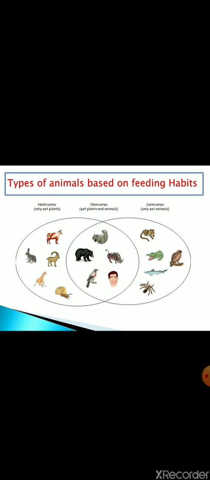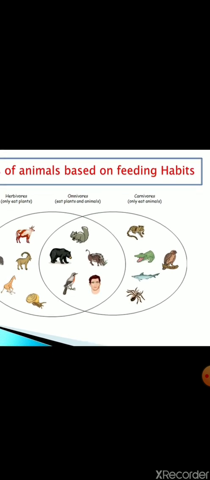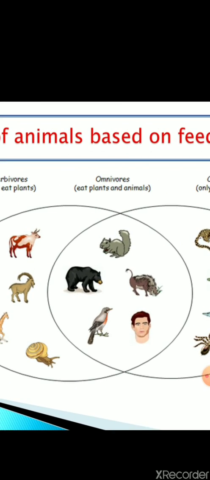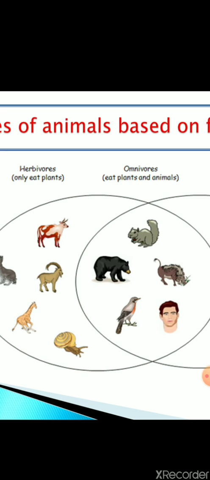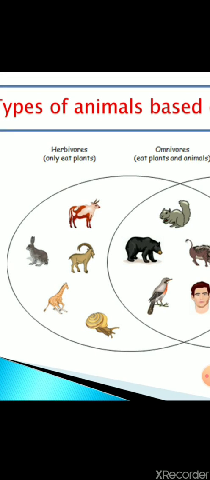Okay. Now after the milk products, we come to the next topic, which is types of animals based on feeding habits. So now you know that different types of animals have different types of feeding habits. For example, some animals eat only plant products. They are not able to eat the non-veg or flesh, as they do not have those special characteristics.